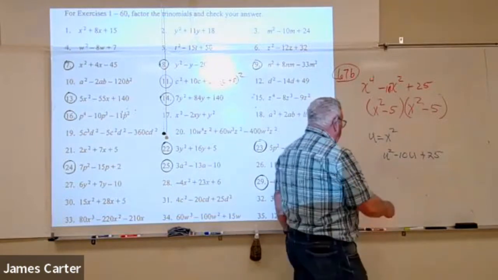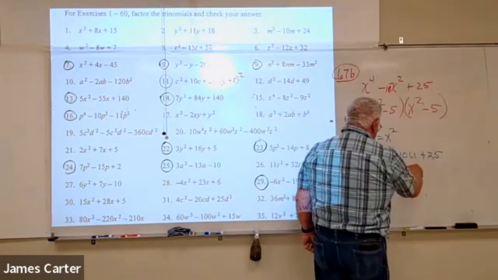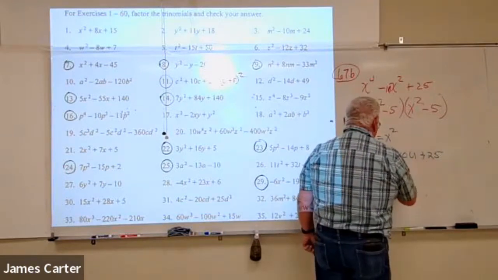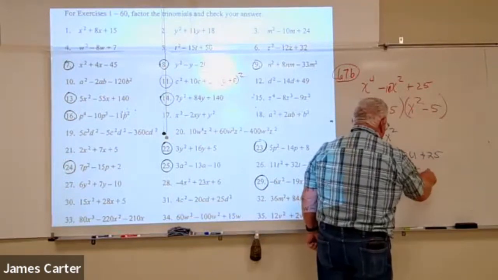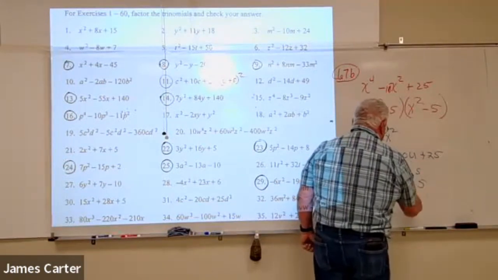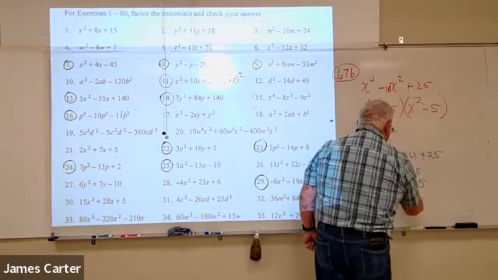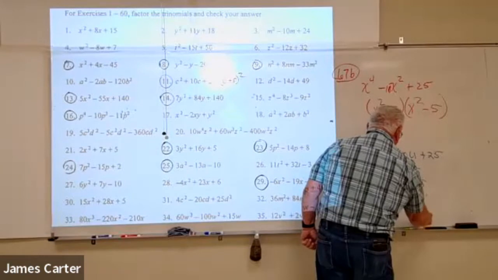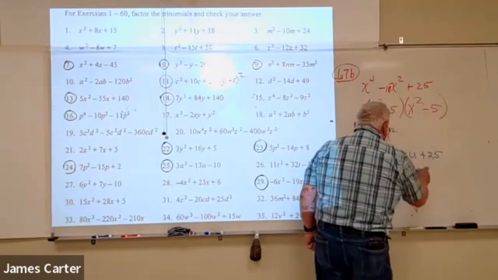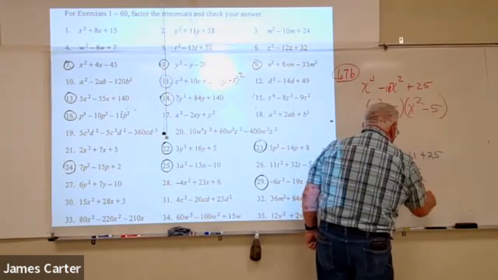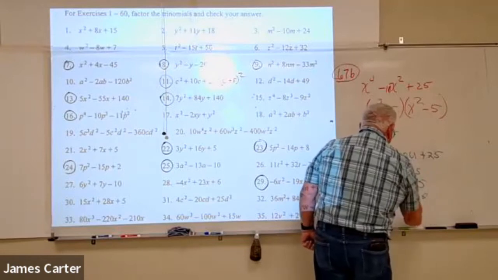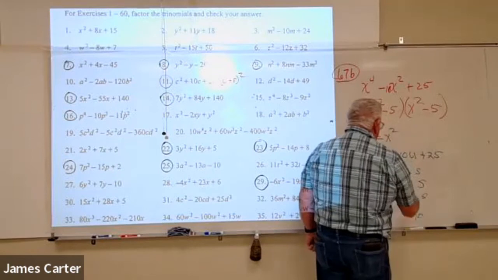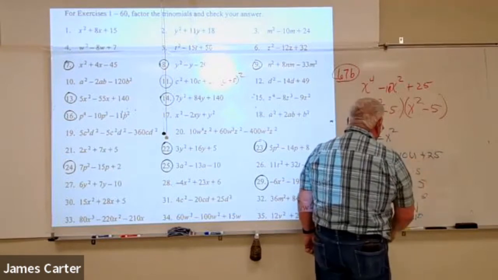Now, this thing factors, it's a perfect square. 1, 1, 5, 5. You're going to multiply, you get 25, so 5 times 5, and you're adding, and you get 10. And in this case, we know everything's got to be minus.